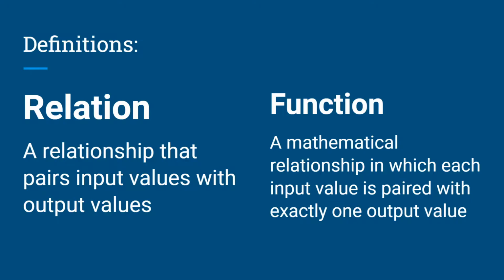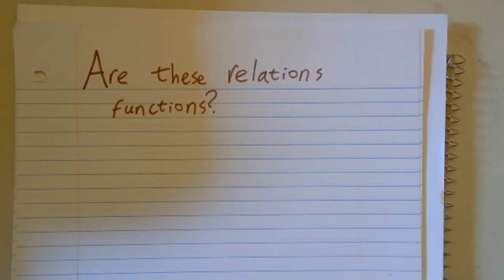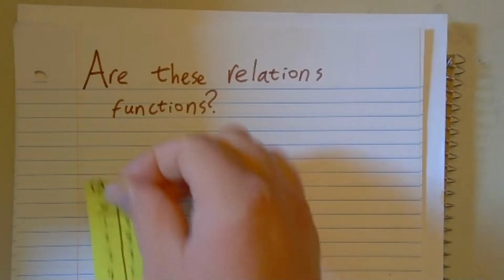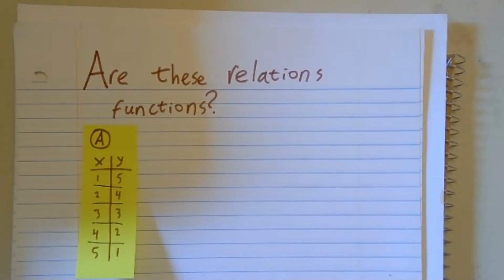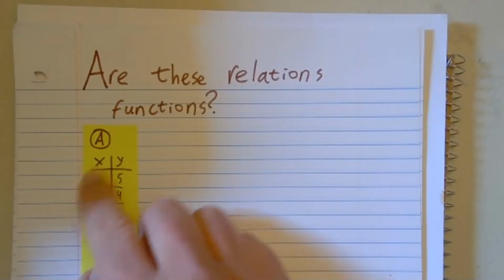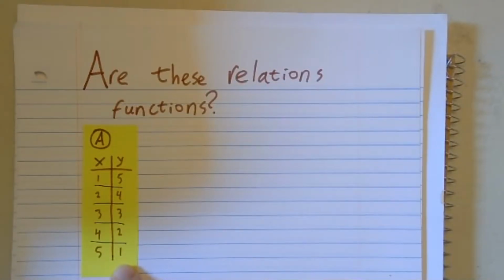So we're going to look at some different relations and see if they're functions. Each of the relations we will be looking at is going to be in the form of an XY table. So all of them definitely meet the definition of a relation. I've got some inputs, I've got some outputs, they're paired up.